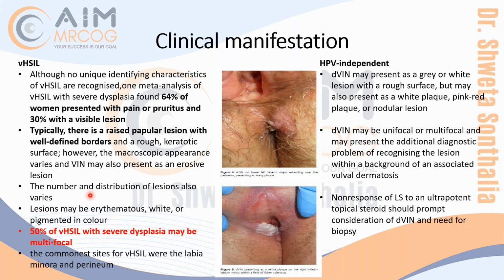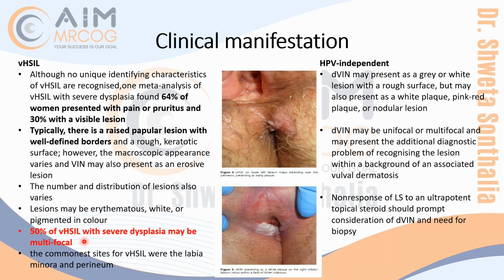It could be multifocal, in different areas, and in 1/3 of cases it might be associated with anogenital problems as well as vaginal involvement. So you should look for other areas as well, because HPV may lead to involvement of vulva, vagina, cervix, and at the same time the anogenital area. So you should do vulvoscopy and look for lesions everywhere, which is very, very important. Multifocal is something you should always look for.